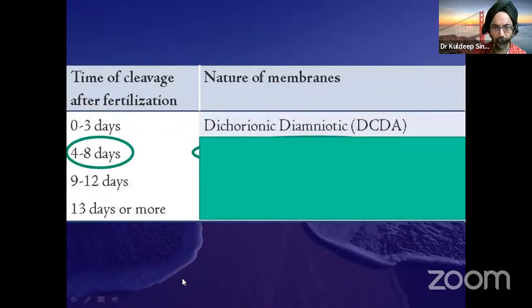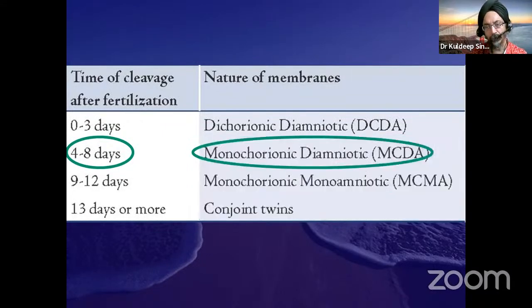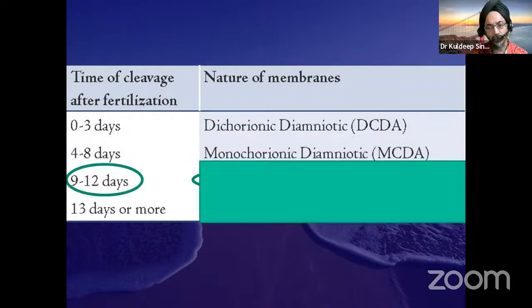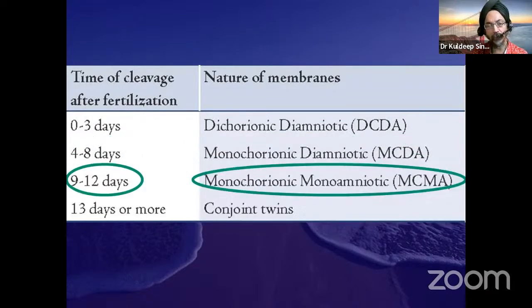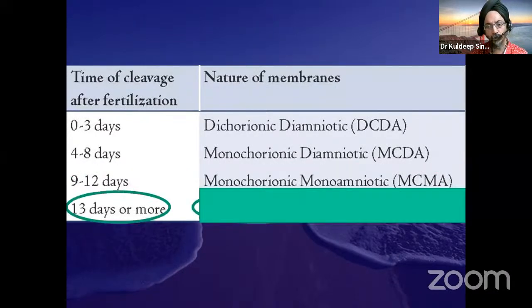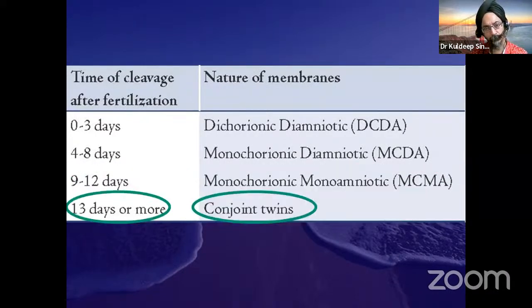Dichorionic, diamniotic. We're looking at 4 to 8 days: now we're looking at the moment the cleavage takes place. The next is going to be monochorionic, diamniotic. 9 to 12 days is going to be monochorionic, monoamniotic. And if the cleavage takes place after 13 days, we're looking at conjoined twins.